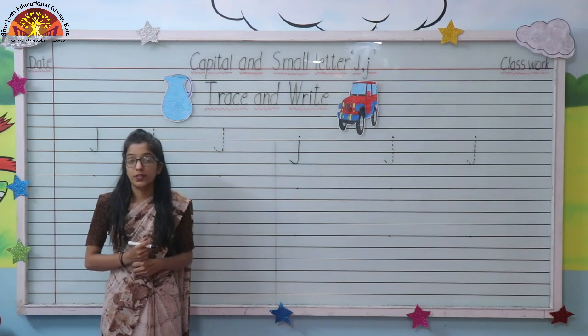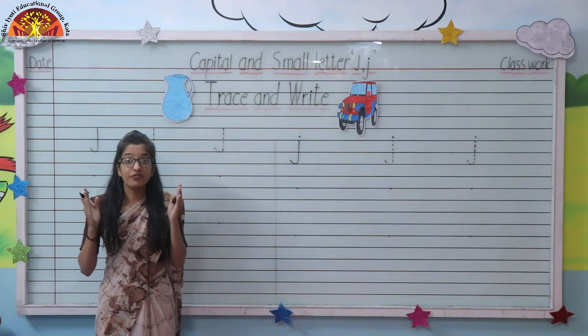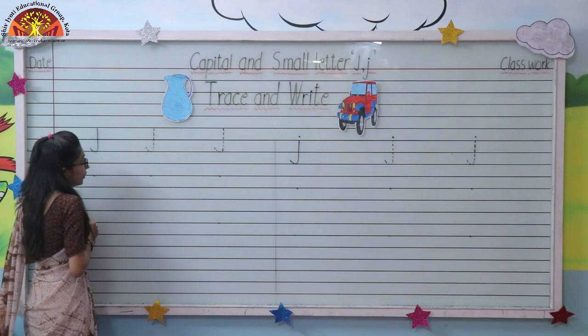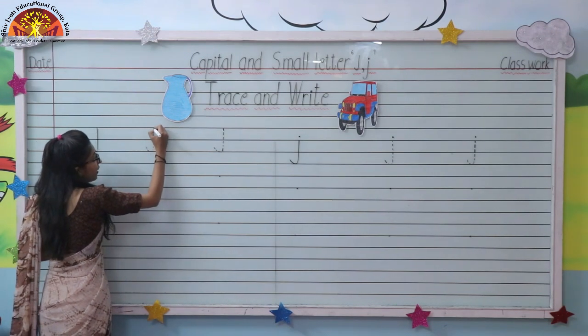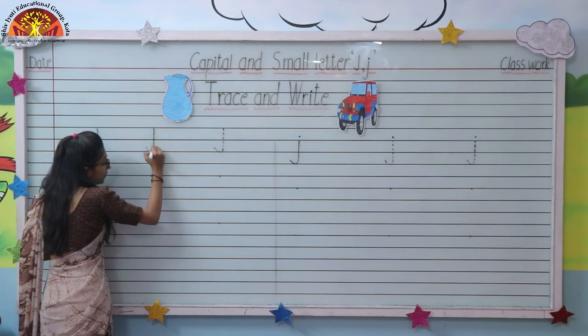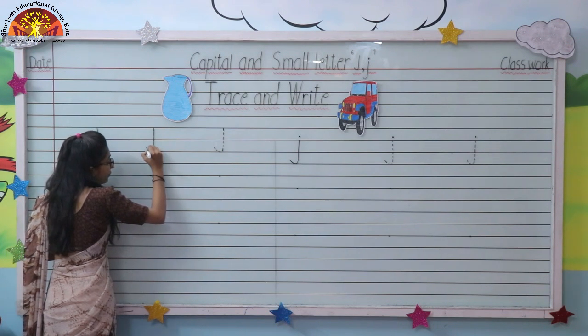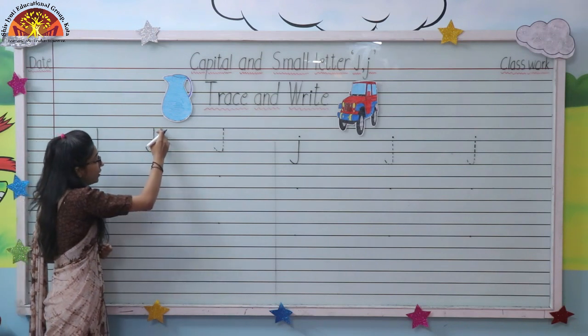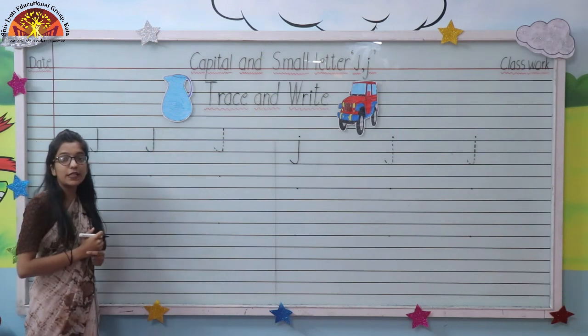Now first we will start tracing of capital letter J. Kids, look here. Start from first line. Make a standing line. Curve. Like this. Kids, you have to cover all these lines properly.